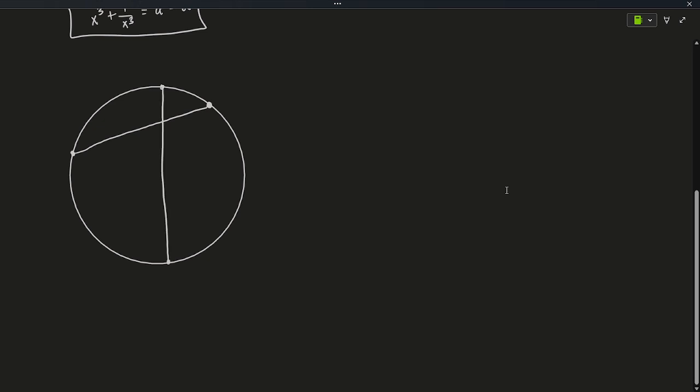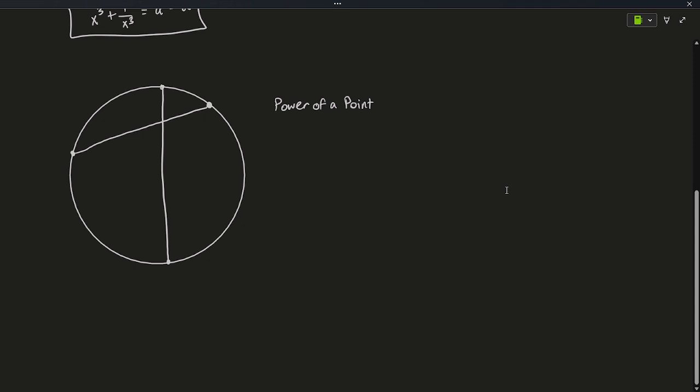There we go. And there's a special theorem that defines chords, or rather, that can be used to find the length of one part of a chord. And this is called power of a point. And it's derived by proportions or similar triangles.